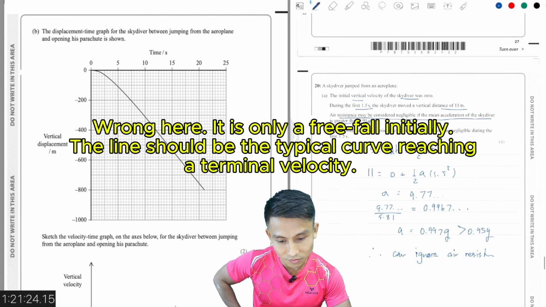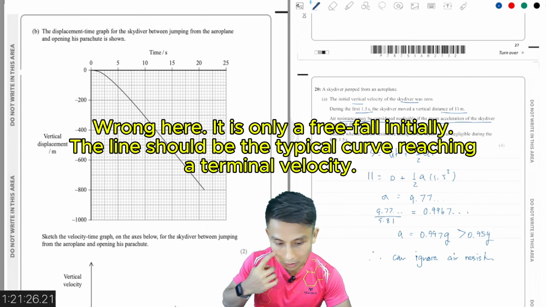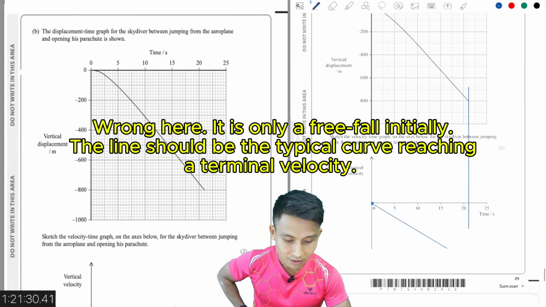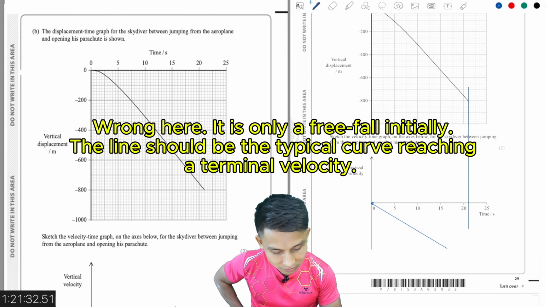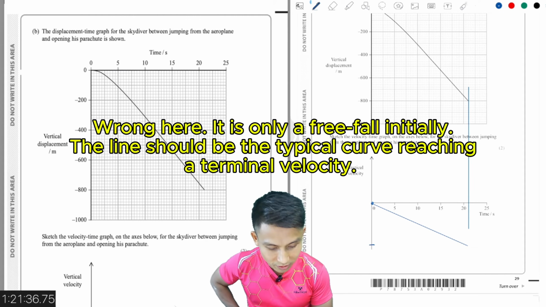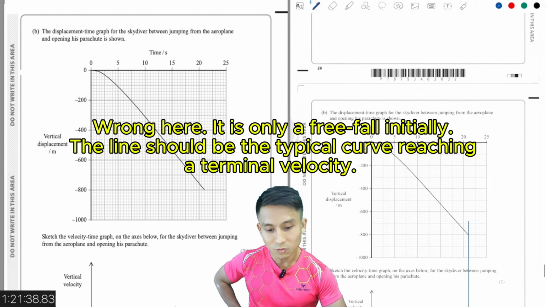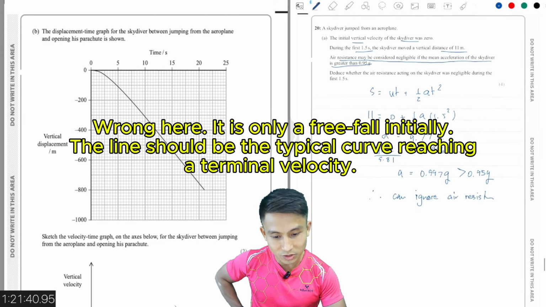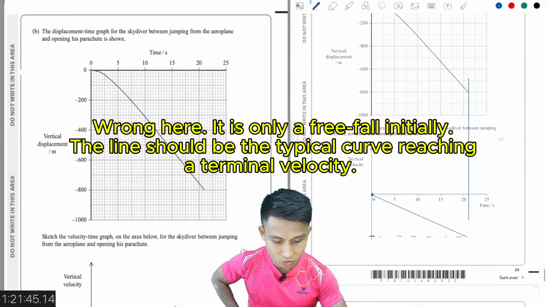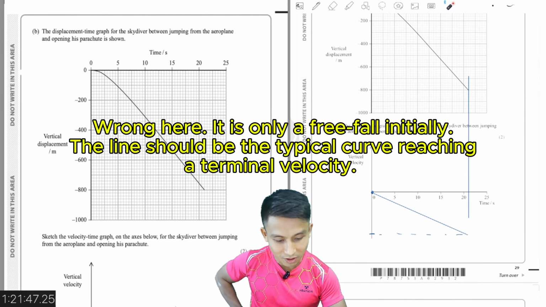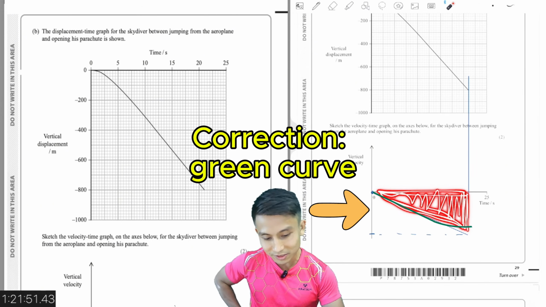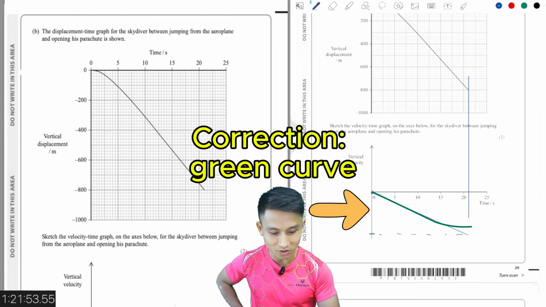Vertical distance 11. Well, we can do some tricks here because we know that the distance fallen is 11. So the distance fallen is going to be this area. It's kind of like under the graph, but it's not exactly physically under, but we call that under the graph.